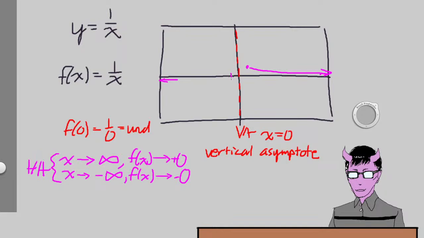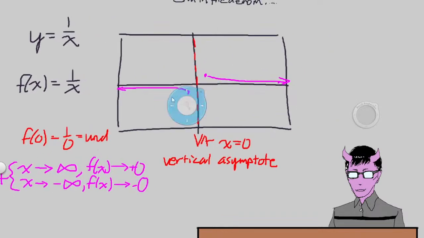So if you plug in -1, for example, into your function, you get -1 as your output. So you're going to be right here-ish, and then all you need to do is connect this end behavior to this one. Smoothly as possible. Alright, so that basically summarizes something called the horizontal asymptote.